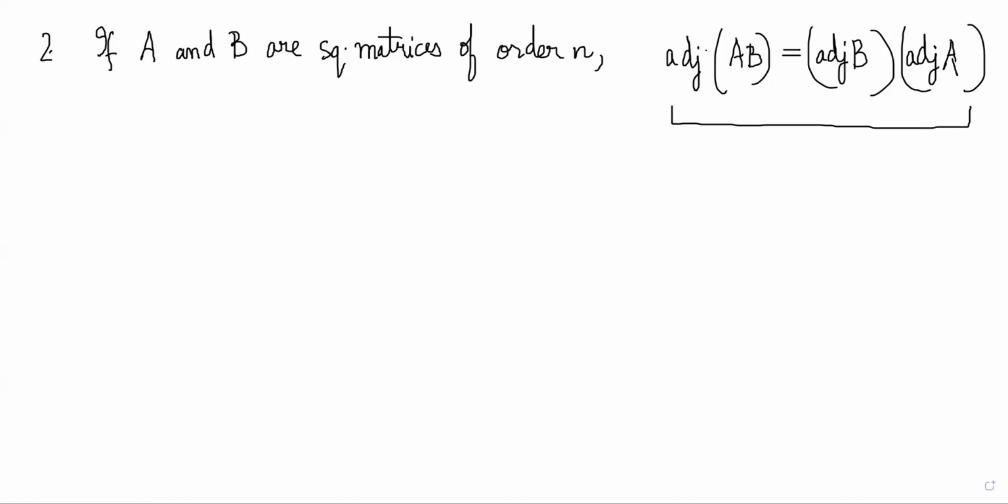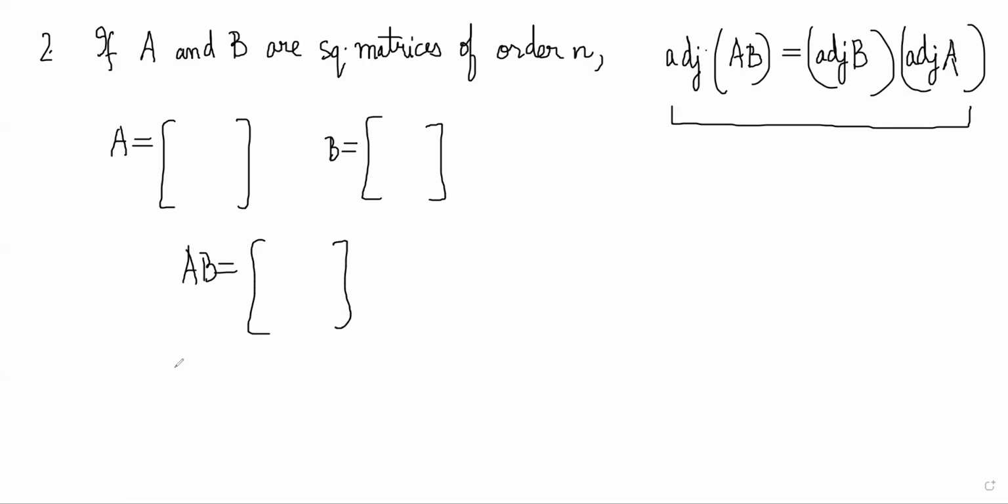Again, this can be proved, but the easiest way to check it is to take two small 2 cross 2 matrices. The adjoints are easily calculable. You calculate the product, which will also be a 2 cross 2 matrix, calculate the adjoint of AB, and check whether the product of adjoint of B times adjoint of A matches or not.